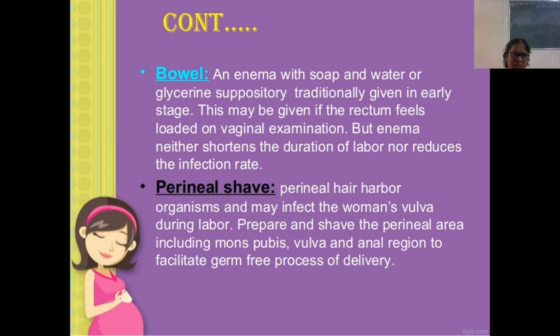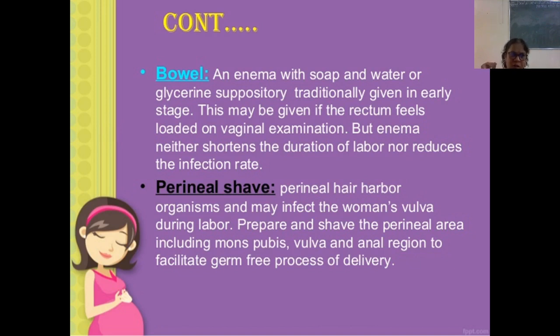This may be given if the rectum feels loaded on vaginal examination, but the enema neither shortens the duration of labor nor reduces the infection rate. But only for aesthetic purpose, as we have seen yesterday, the bowel should be emptied.